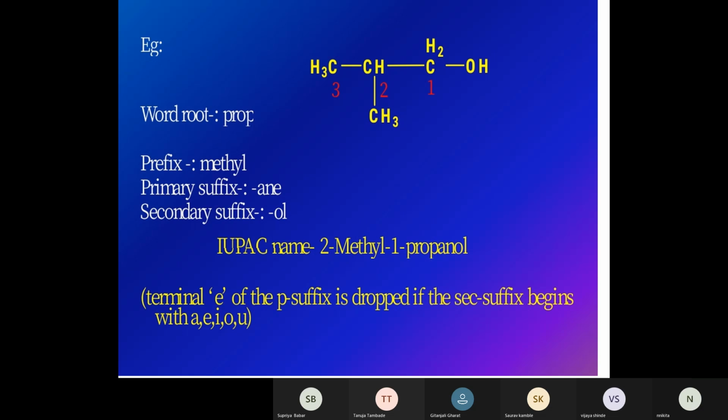So while naming a chemical compound, first we have to select the longest continuous chain. While selecting the longest continuous chain, you have to take the longest, so that the number of carbon atoms should be more.